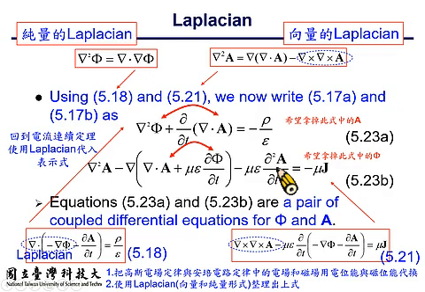What is the significance of the two equations?